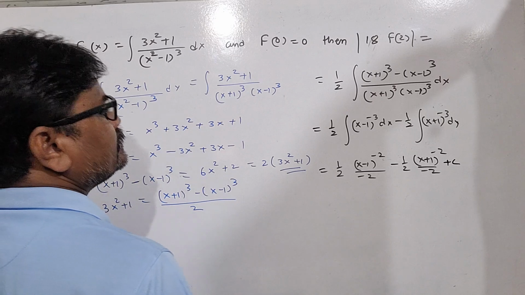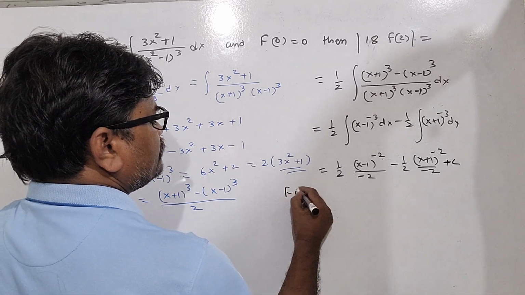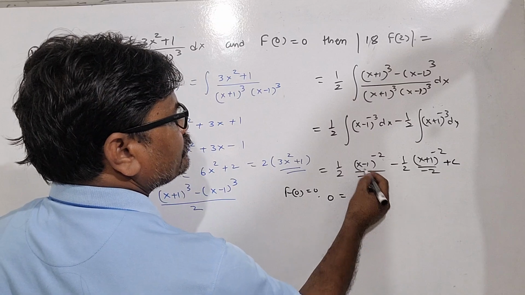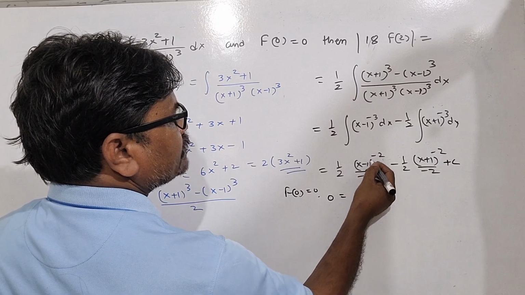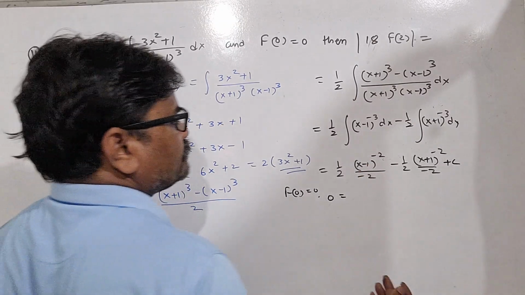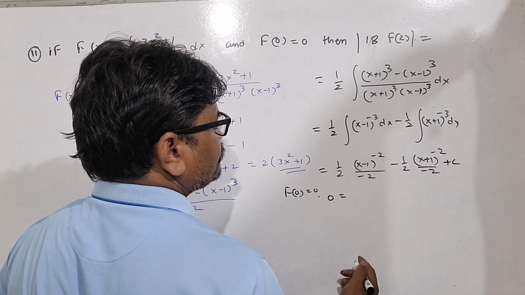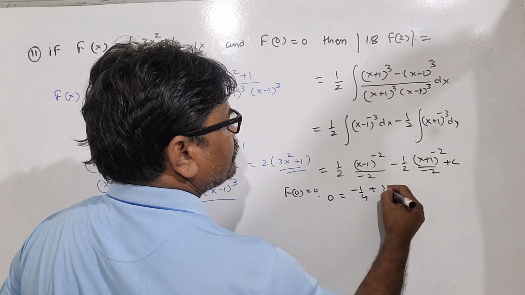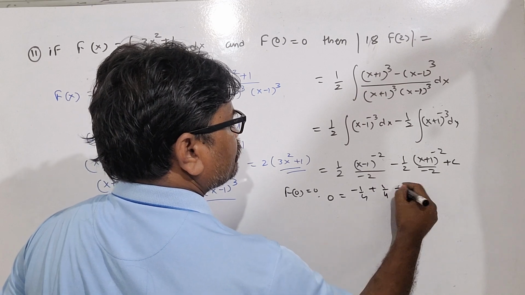Now we have to determine c. So f(0) is 0 when x equals 0. So putting x equal to 0, minus 1 to any power gives 1, so this is −1/4, this is +1/4, plus c.